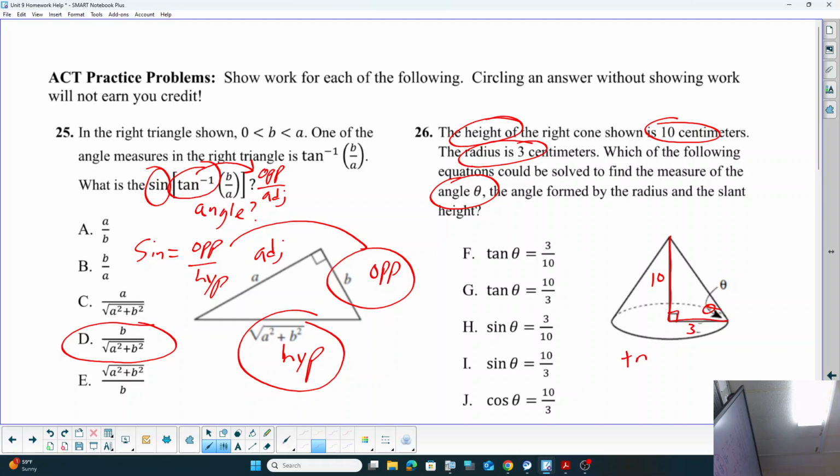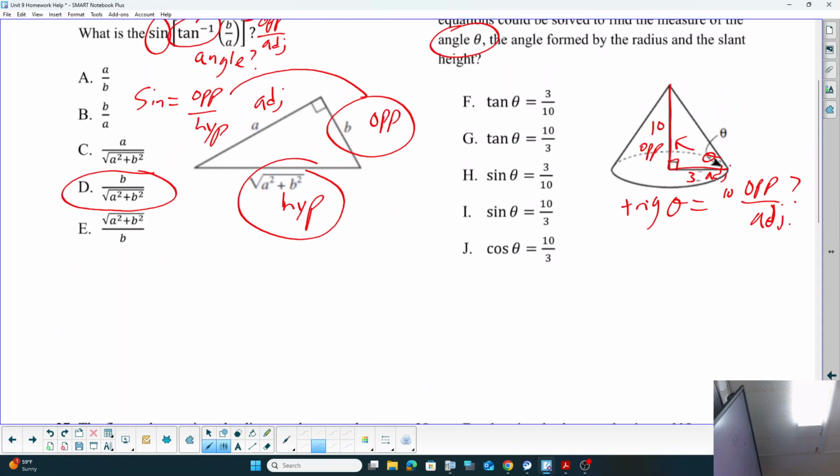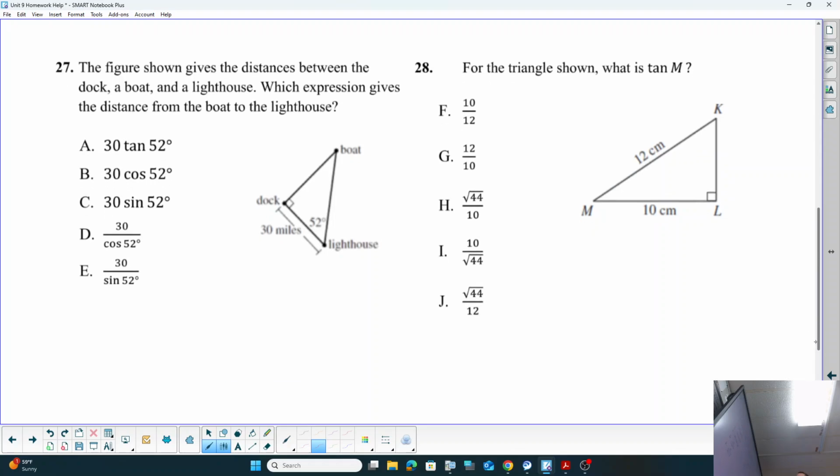So which trig function of the angle, sine, cosine, tangent, is equal to opposite over adjacent? Which one is 10 over 3? I'll let you figure that out.